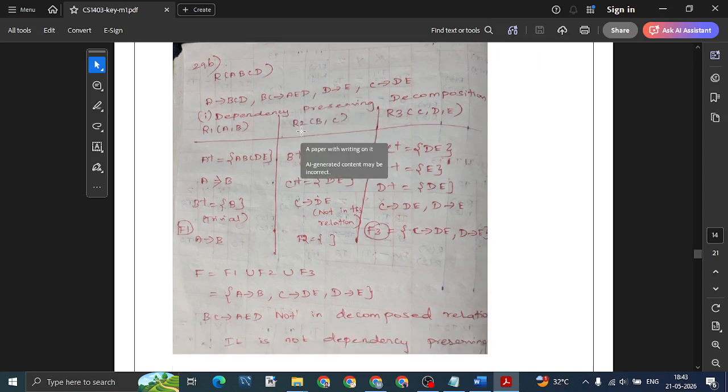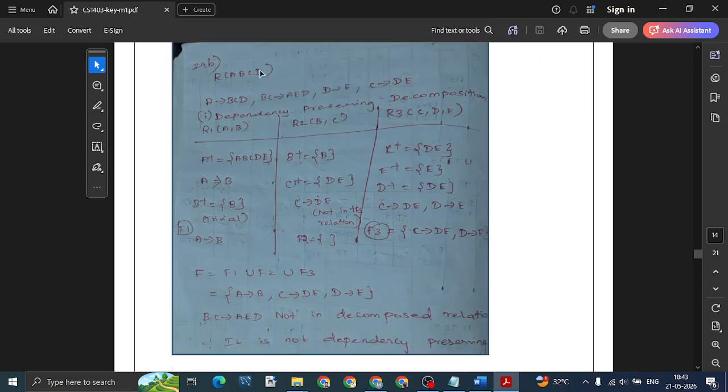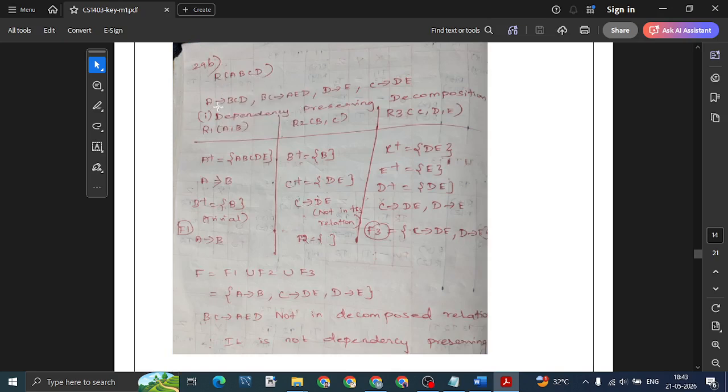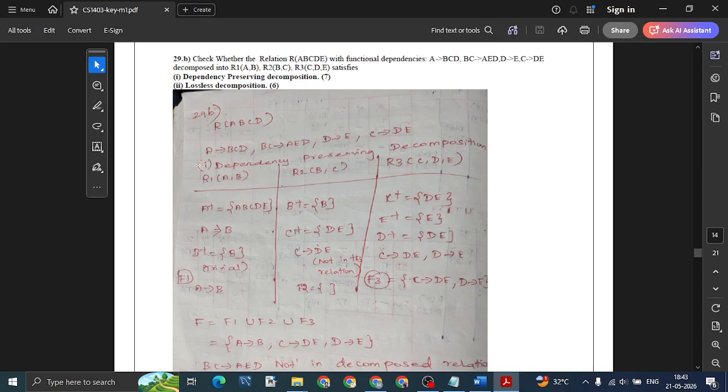In my original relation I have A, B, C, D and E, with the dependencies A implies B, C, D; B, C implies A, E, D; D implies E; and C implies D, E. So it is further divided into tables, right? Whether it is dependency preserving or not, that is what I am going to check.